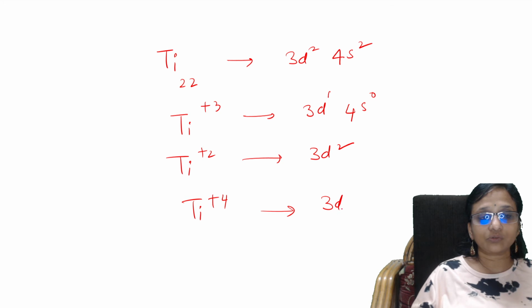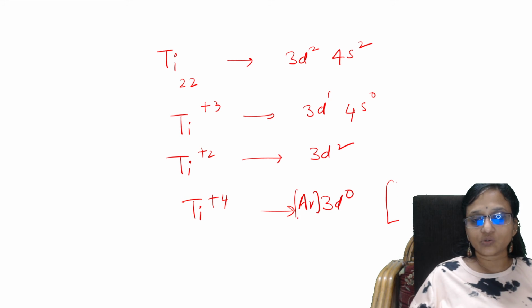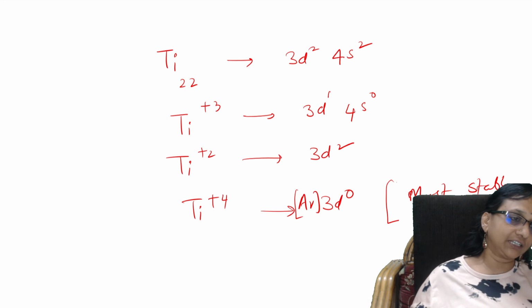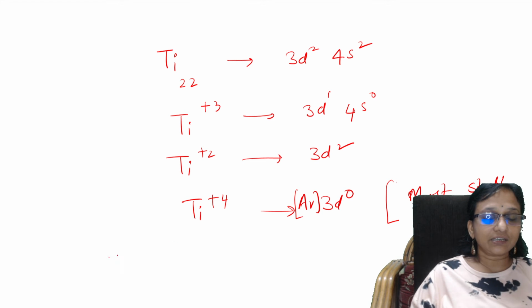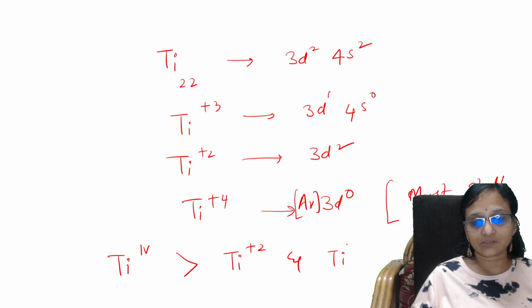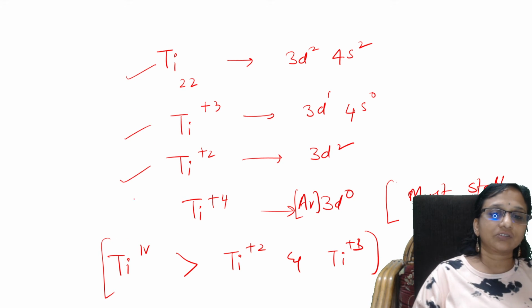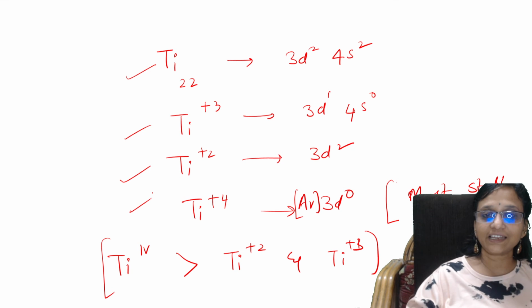It will become 3d0. Before this, what is there? Inert gas configuration is there, that's nothing but argon. So this is the most stable configuration. That's the reason Ti plus 4 is more stable than Ti plus 2 and Ti plus 3. Got it, students? Easy. Next question.